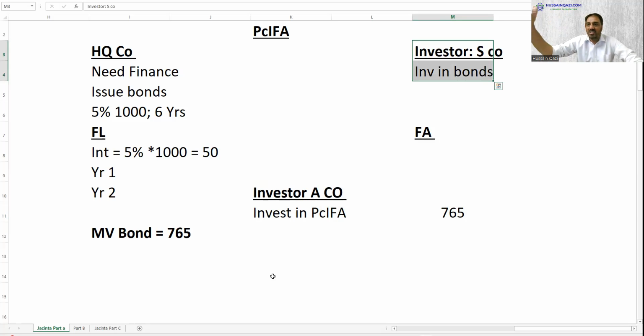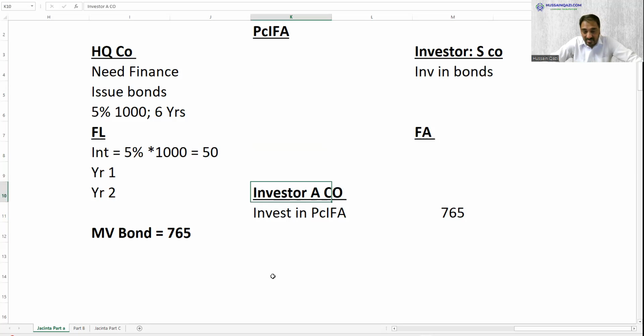Originally, when S company invests in the bonds, IFRS 9 says that when the investor purchases the financial asset, you have to record the financial asset, debit financial asset, credit bank, but also open the accounting of expected credit loss, an allowance for the chances of the company becoming impaired, whatever the stage 1, 2, 3. I'm not discussing that particular point, and we are not here to discuss the S company financial asset.